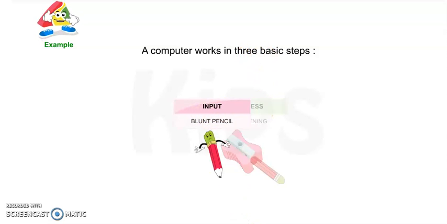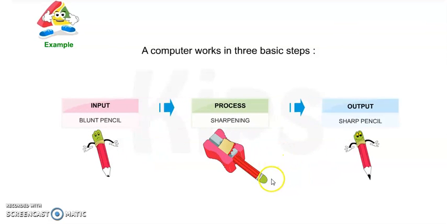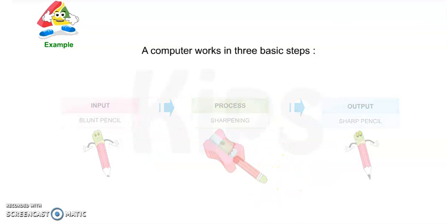Input, just in simple language, it is a pencil. Okay, it is a blunt pencil. We want to sharpen it. So, the blunt pencil is the input and sharpening is the process, and after processing we will get output like a sharp pencil.